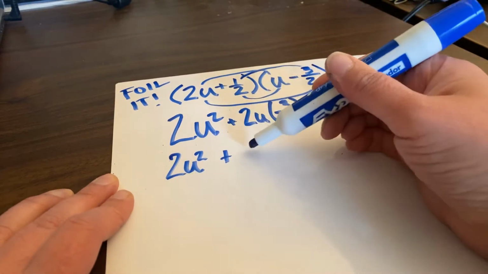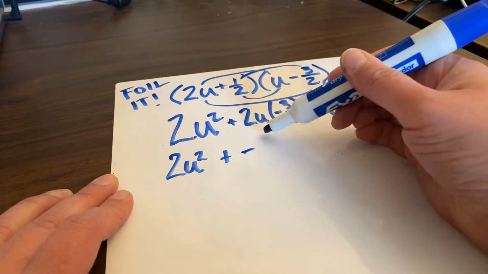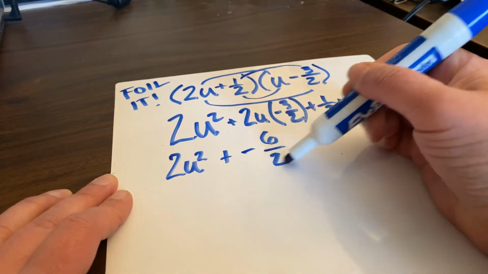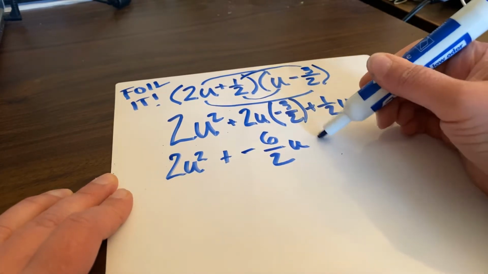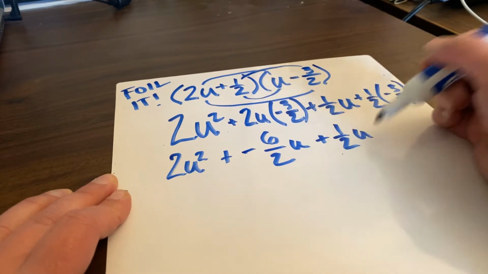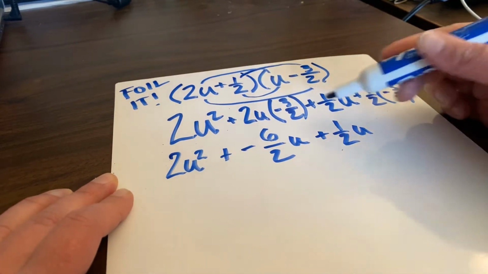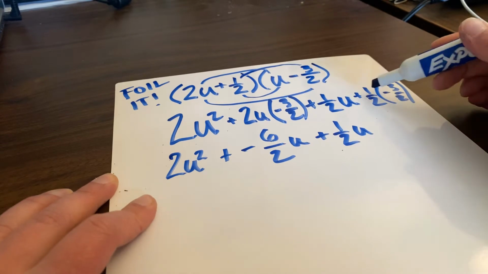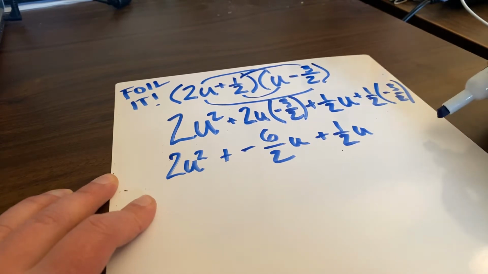I'm going to write it as negative 6 halves u, and then plus 1/2 u. That's already been multiplied. And then we want to multiply these guys together, right?